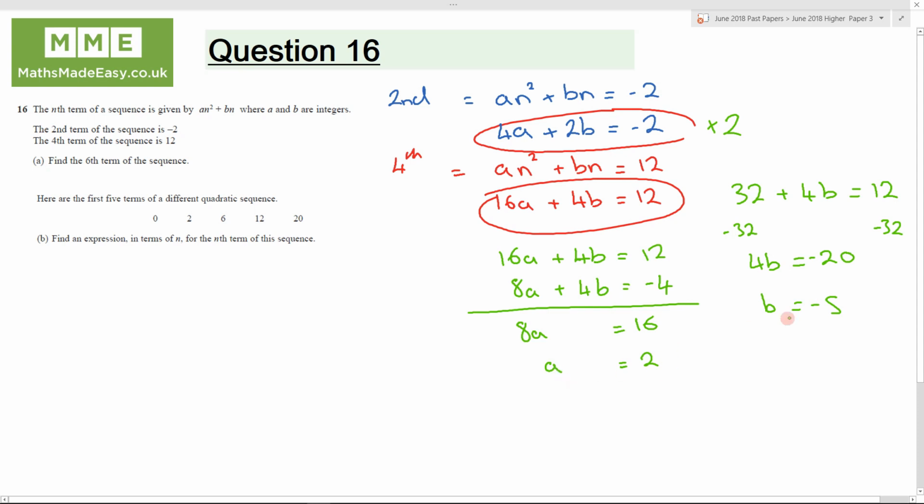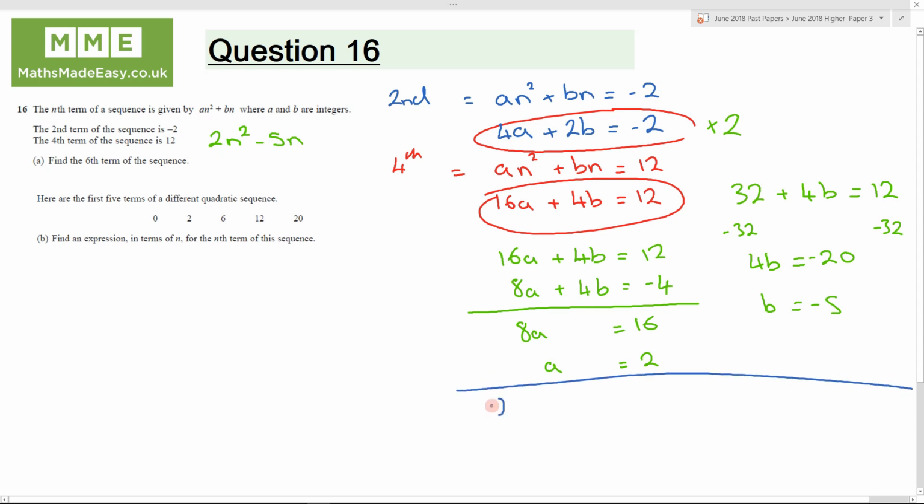Okay, so we have our values for a and b. So we can rewrite this equation as follows. It would be 2n squared minus 5n. Excellent. Now we want to find the sixth term in the sequence, so we just put 6 in here.